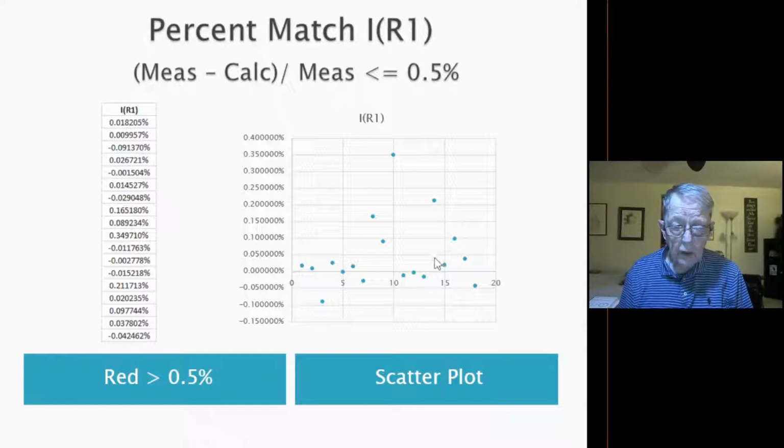This is very good, even though the plots are all over the place. These are all well below 0.5. So very good results in terms of measured voltage versus calculated voltage using TPM equations.